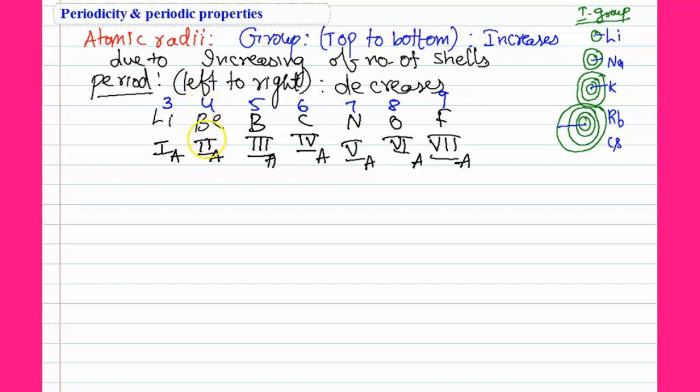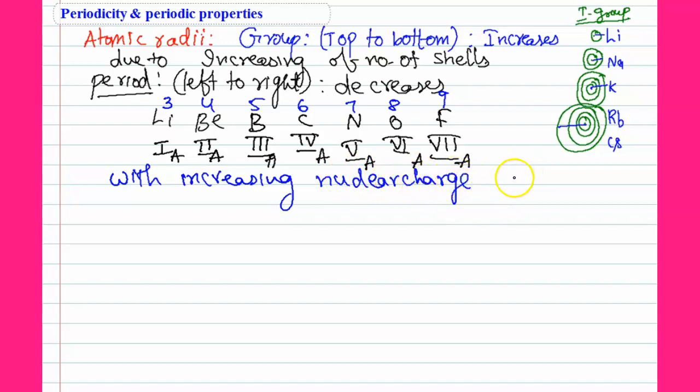And also, even though atomic number increases, nuclear charge increases. So the main reason is increasing nuclear charge, because atomic number increases means the number of protons and number of electrons increases. The number of protons is nothing but nuclear charge.